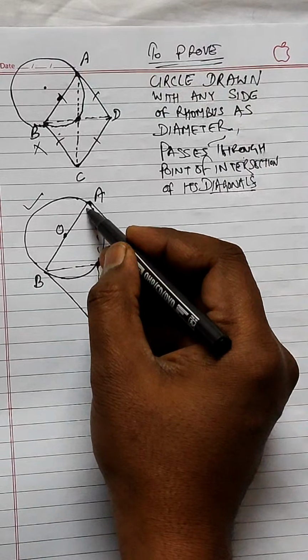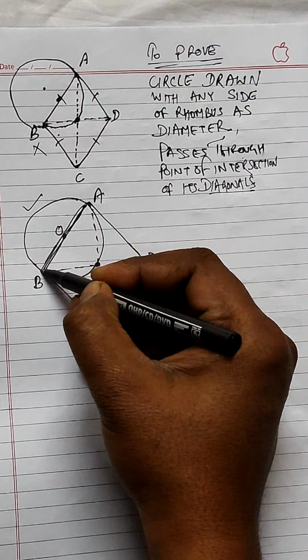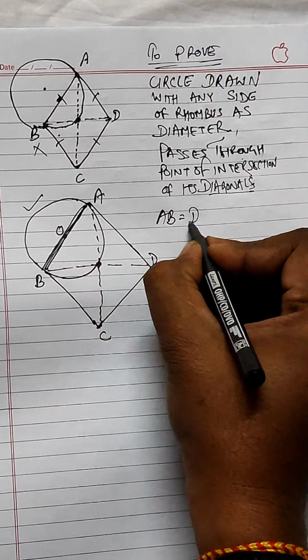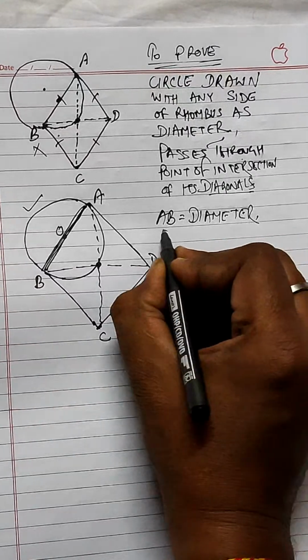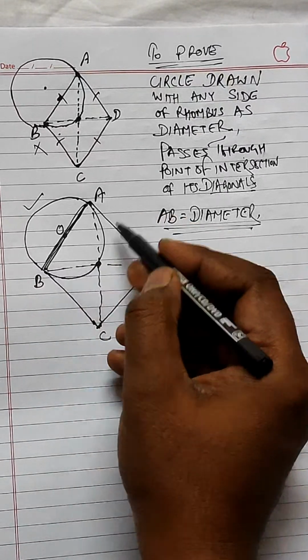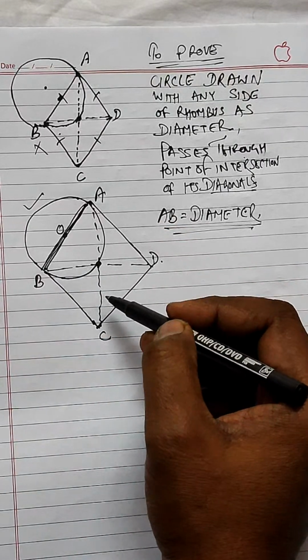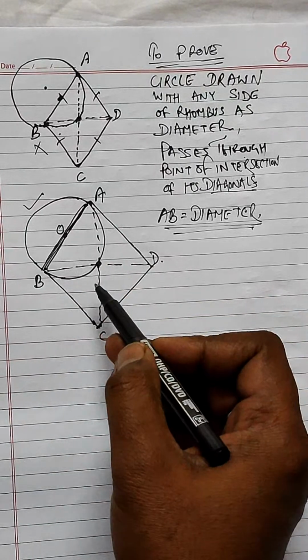Here we have considered the side AB, which is taken as a diameter. So AB equals the diameter which we have considered over here. I am just taking one side and proving it. After that you can do it for the other sides also. If you prove it for one side, that will be applicable to all, right?